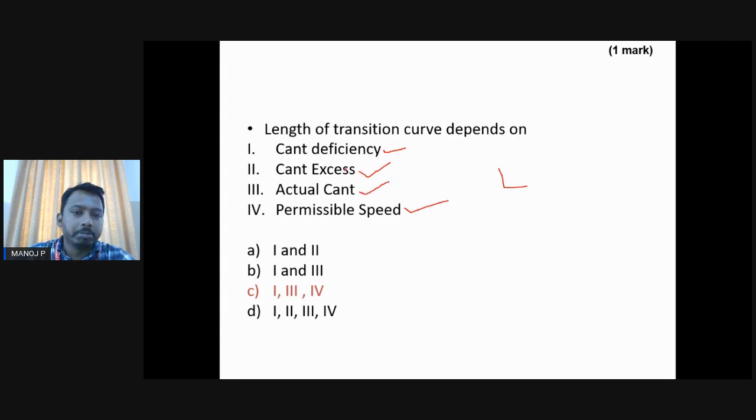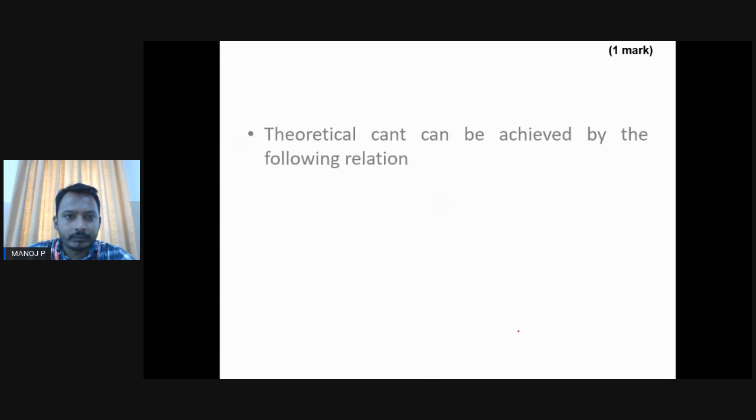Since we have the cant efficiency, we don't need the cant excess. So the option is 1, 3, and 4.